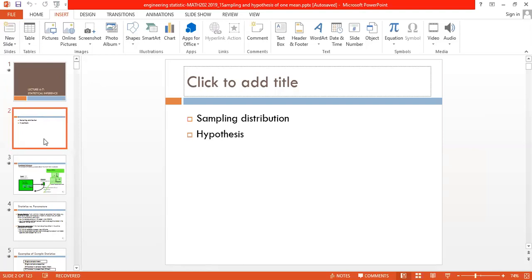The first thing we need to understand before we go into statistical inference is the concept of sampling distribution, because now we are going to deal with samples. All the calculations we did for the mean and standard deviations were for the population. But now we're going to look at samples.